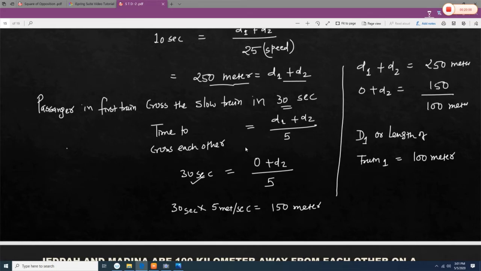When a train is crossing a passenger, a point, a pole or a tree, we know that its length is 0. So distance 1 is 0, and distance 2 divided by 5 gives 150 meters. We know d1 plus d2 is 250 meters, and 0 plus d2 is 150 meters. So d2 is equal to 100 meters, and d1 is equal to 100 meters.